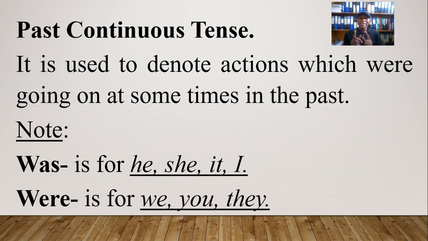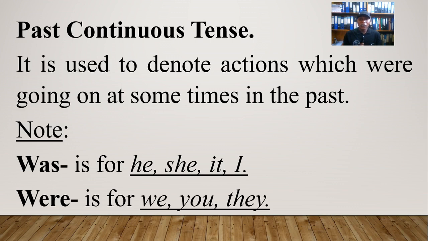Note, in the past continuous tense, we have some words which distinguish this tense from other tense divisions. For instance, we have words like was and were. These two words are used in past continuous tense.